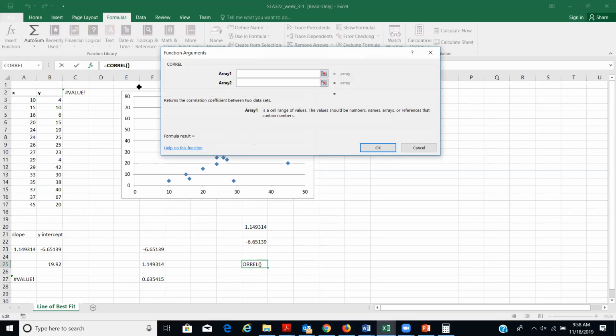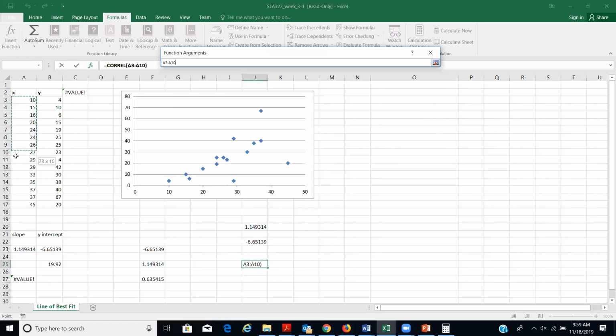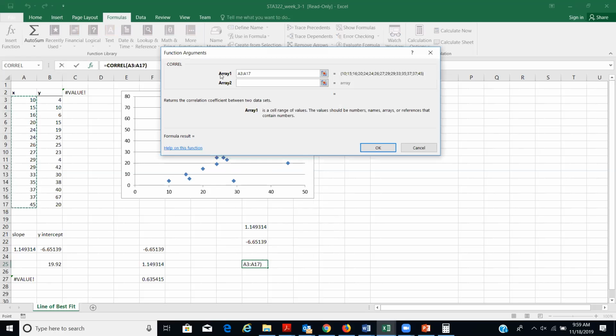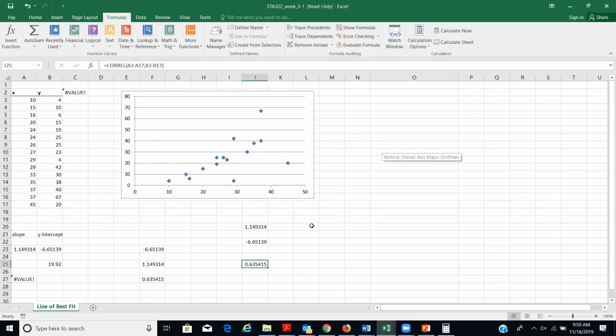So again, array 1, it doesn't matter which order you go in. Array 1, we'll call it the X's, and array 2, we'll call it the Y's. And again, we already see the value, so we say okay.